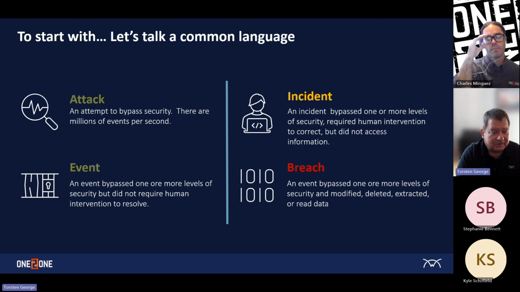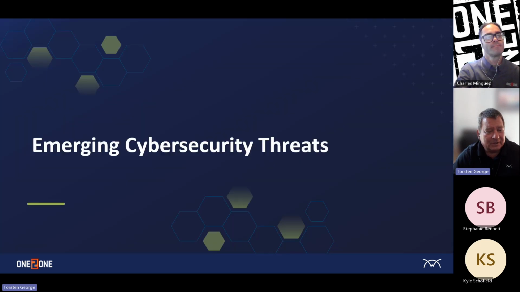So that's an incident. And then the worst case scenario, which is nicely done in red, is a breach. You bypass the security controls and you might modify, delete, extract, or read data. That's what we call a breach. So I'm just setting a common language here so that when we talk later, everybody understands what we're talking about.